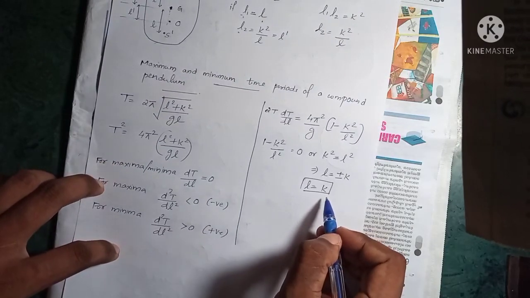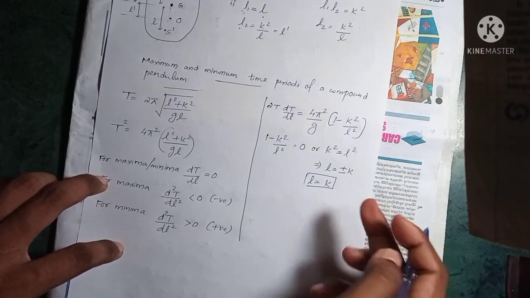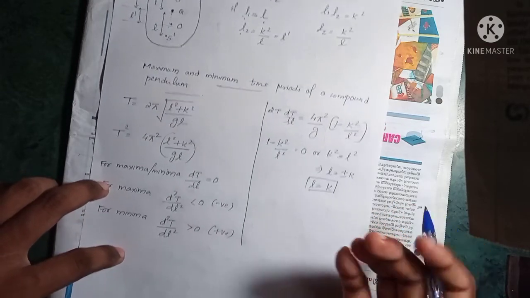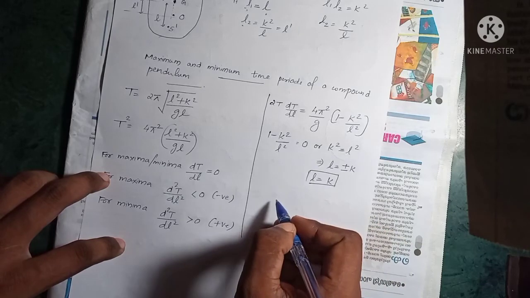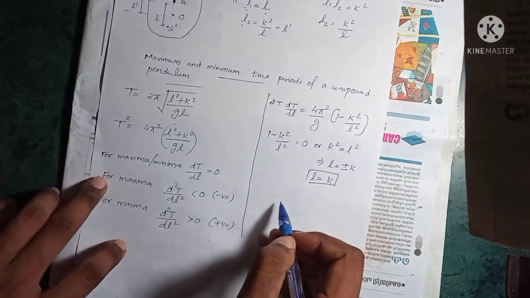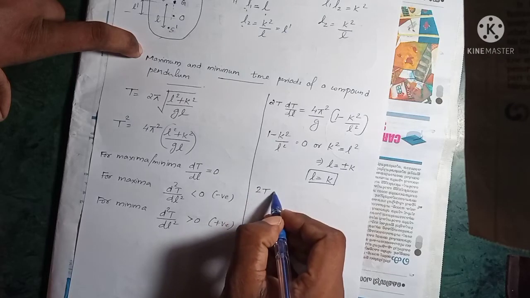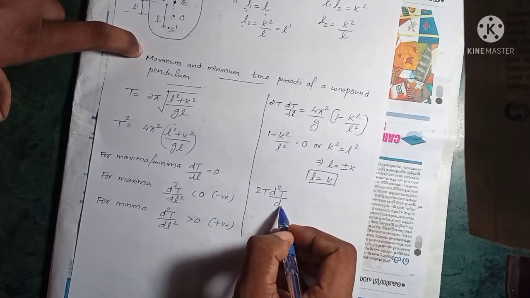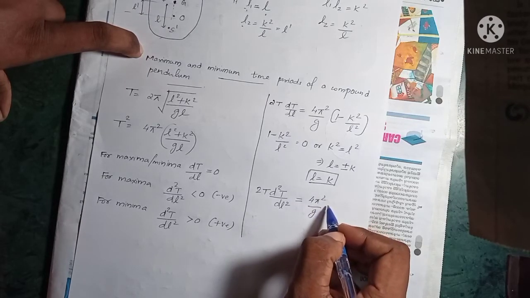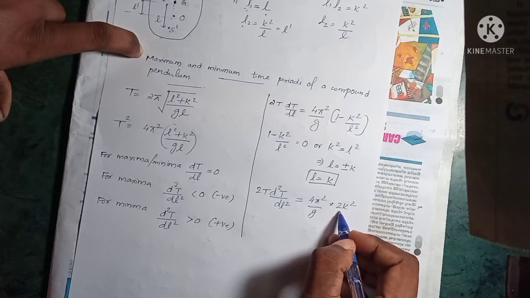But we don't know whether this is the maximum or minimum time period, because we just know that this can be the length for either maximum or minimum time period. So to find that, we take the second derivative of this expression, and we obtain 2T d square T upon dL square equals 4 pi square upon g times 2K square upon L cube.